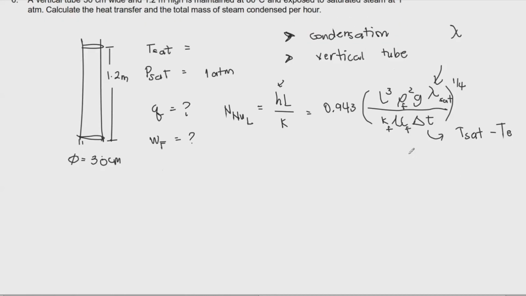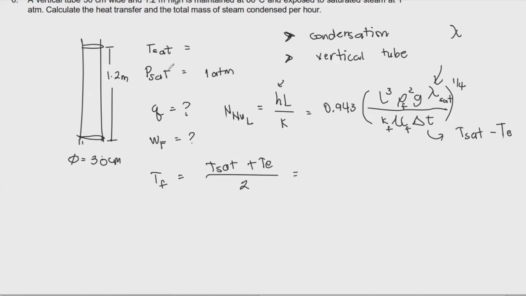So let's solve it. First, I need to take the film temperature. The film temperature is equal to the saturation temperature plus the environment or the surface temperature, divided by 2.